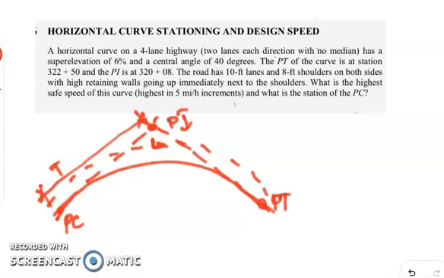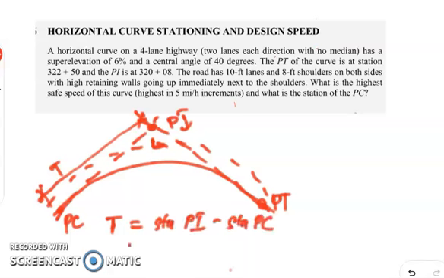So that we can solve for the station at PC, we make use of the given stations. We have to make use of the equation for solving for the radius, using the variables tangent length and length of the curve. Take note that the tangent length T is equal to the station of PI minus the station of PC.